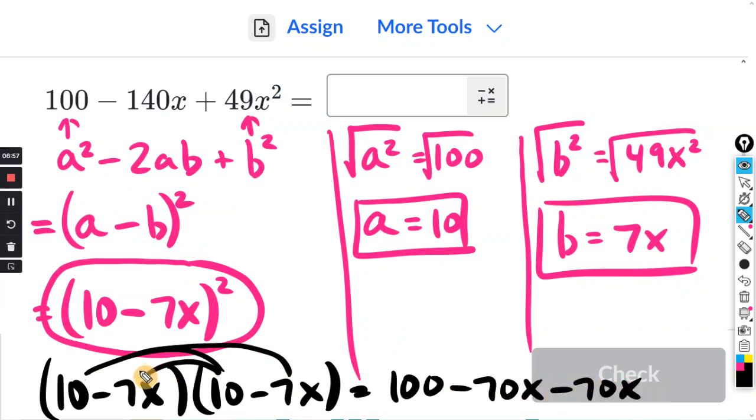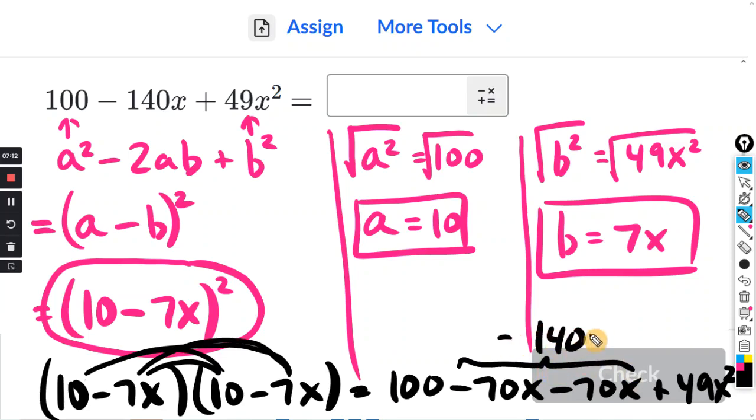And last, negative 7x times negative 7x is positive 49x squared. All right, these two combined, negative 70 and negative 70, would give us negative 140x. So that's what we have, 100 minus 140 plus 49. So this is correct.